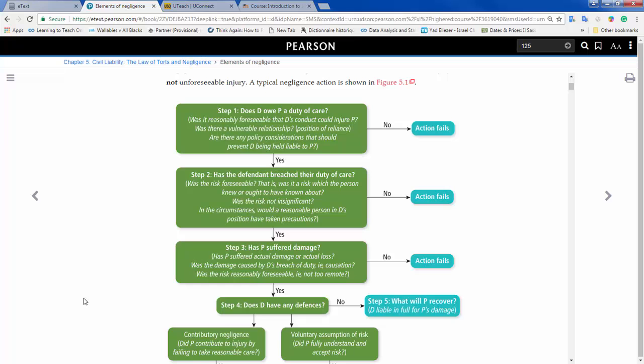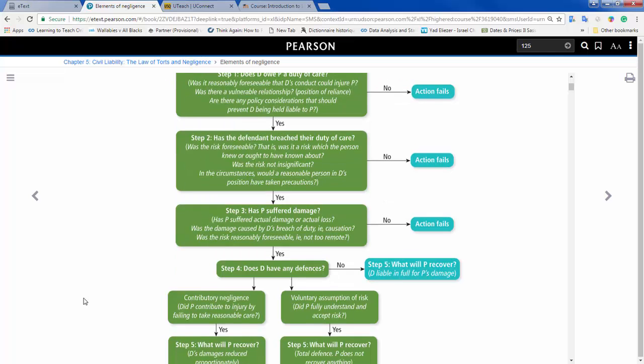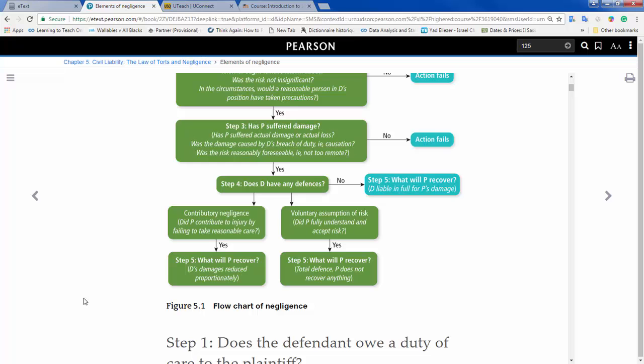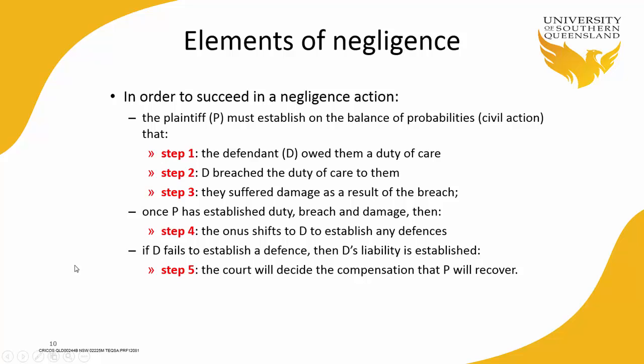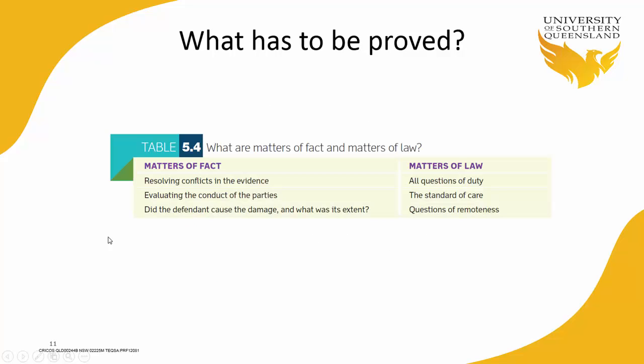And after that you have to look at the defenses, whether there was a defense of contributory negligence, which is just a partial defense, meaning that it will apportion the damages paid to the plaintiff, or if there was voluntary assumption of risk, which would mean that you would have a full defense, which also means that the plaintiff will recover nothing. So this is the summary that we have on page 5.1 in relation to the elements of negligence and the three steps that we see here.